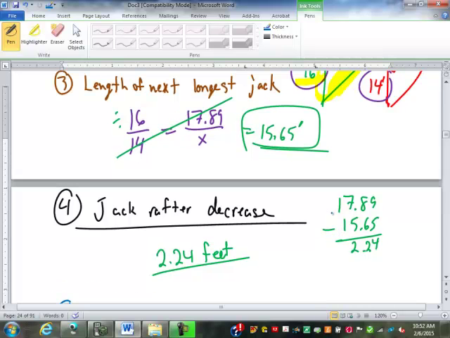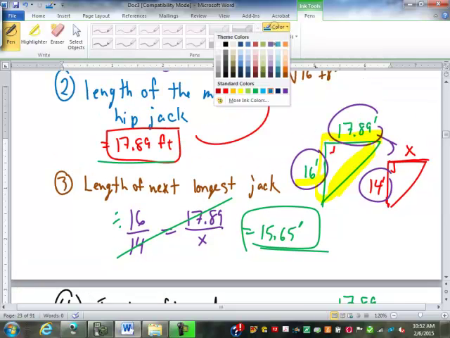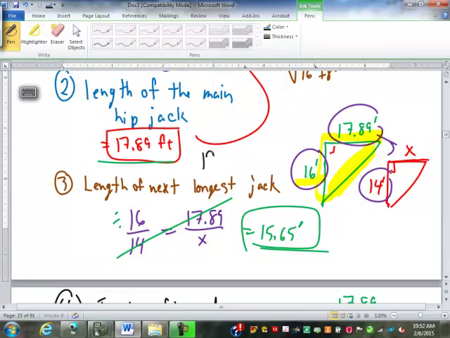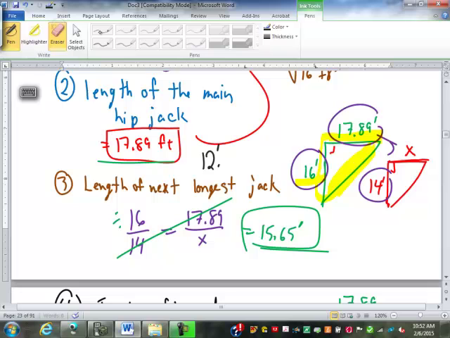So now let's go back, and we need to do some feet, inches, and sixteenths. So this here, 17.89, how many feet is that? 17 feet. There we go.